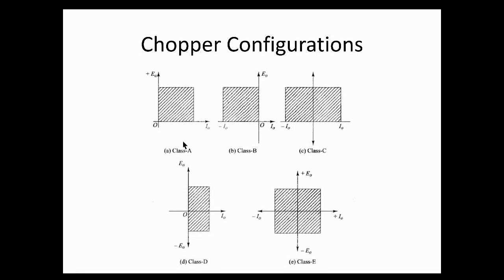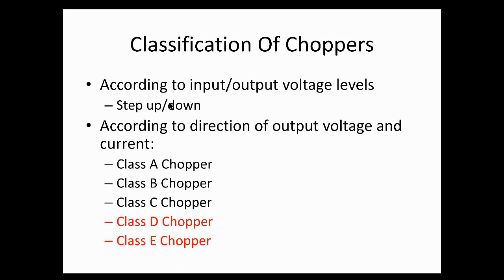You recall when I told you earlier on that we can classify according to direction in which we have the output voltage and current, also according to input output voltage, of step up or step down. Is it step up? Is it step down type chopper? The class A, so depending on the output voltage, current, and direction.